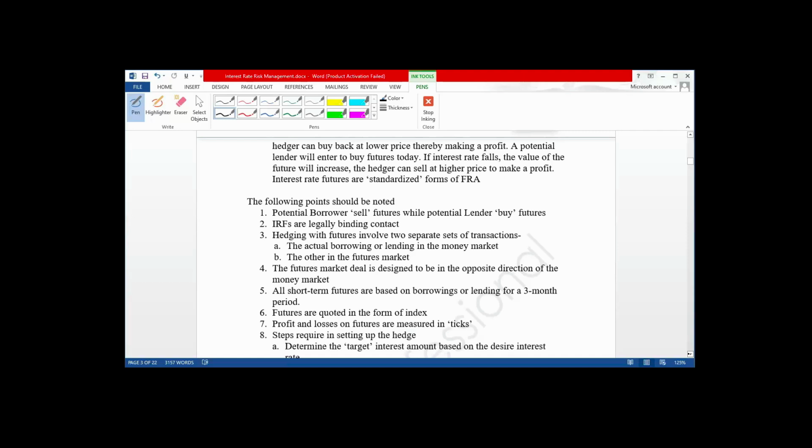Also, please note, futures prices are quoted in the index form.